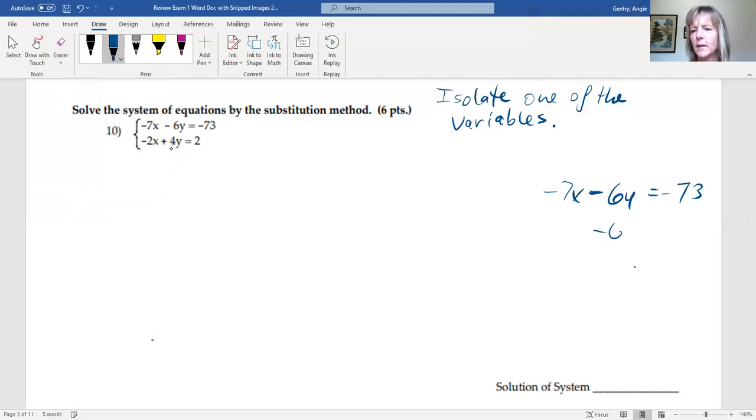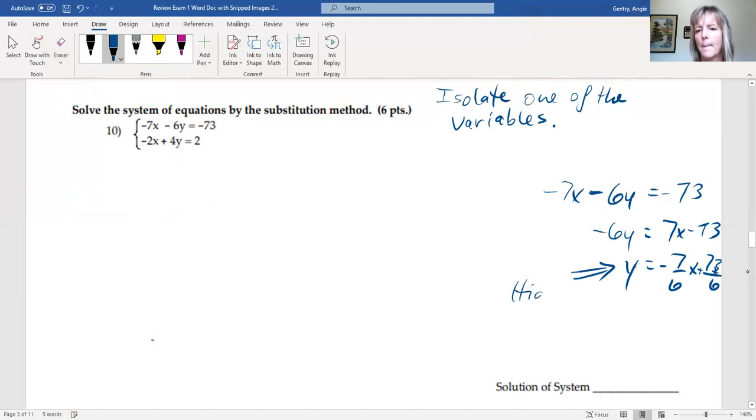Okay, if you isolate that y, then you have a -7/6x plus 73/6. Whoops, it's falling off my graph. Plus 73/6. Do you see how this is hideous? So avoid that. You can avoid that ugly fraction.